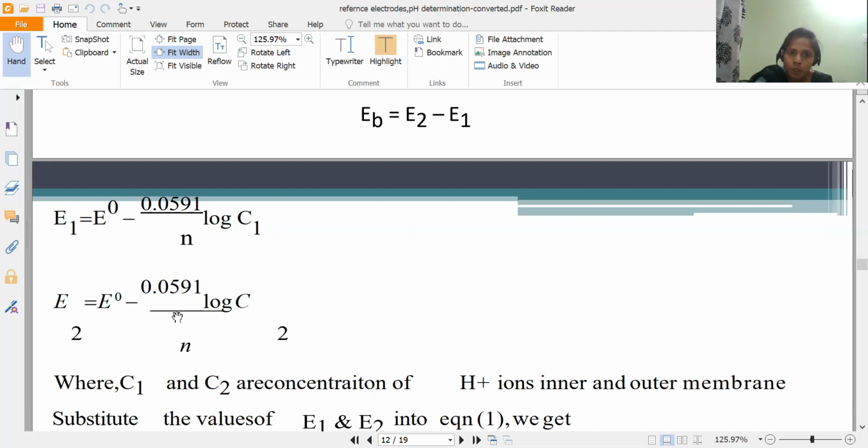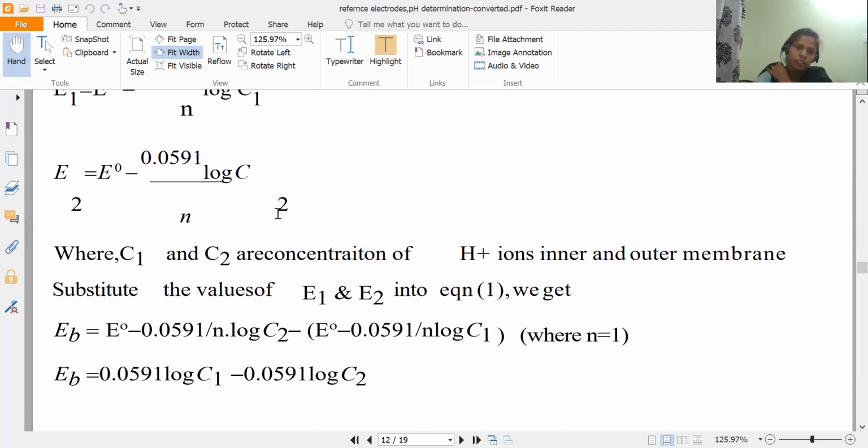So when we substitute these two in this formula, we can write EB is equal to E0 minus 0.059 by N log C2 minus E0 minus 0.059 by N log C1. So this E0 gets cancelled. Minus of minus is plus.